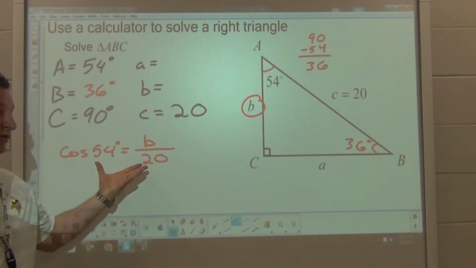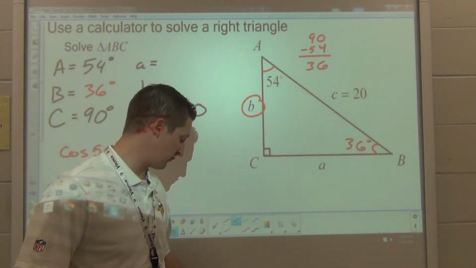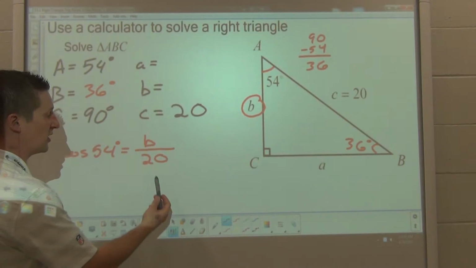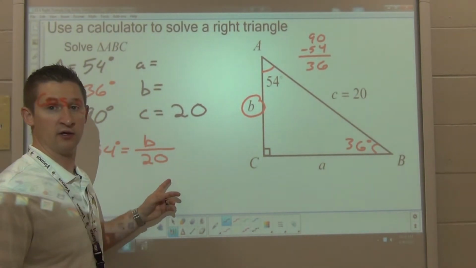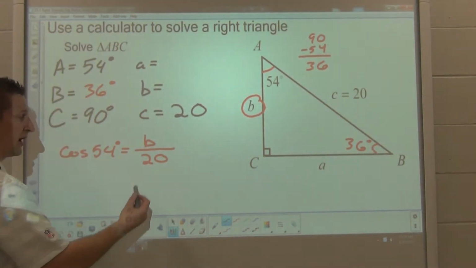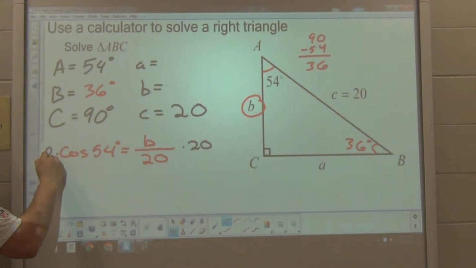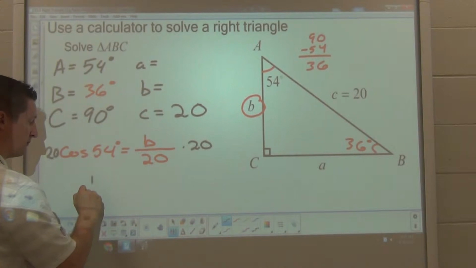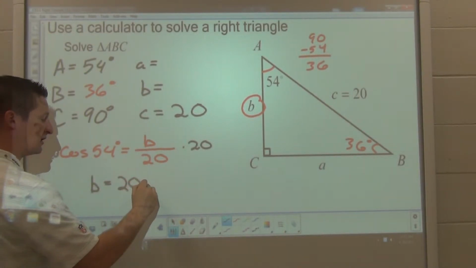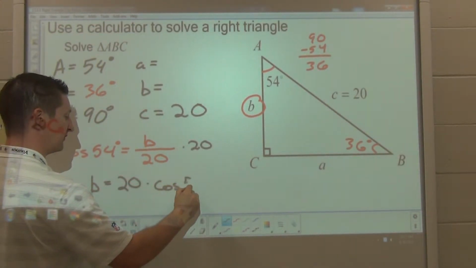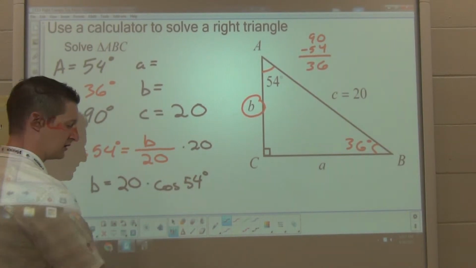So I know a ratio that is supposed to work. I can go ahead and solve for side B. Remember, when you know the denominator, these problems are a little bit easier. We'll multiply both sides by the denominator, 20. B is going to equal 20 times the cosine of 54 degrees.